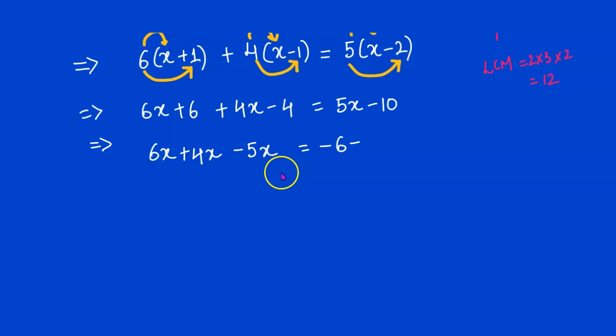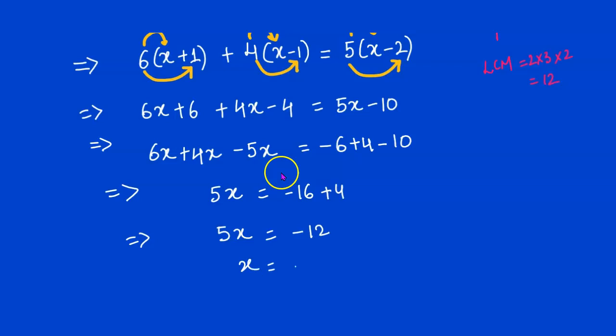Minus 4 will become plus 4 and minus 10. So we have 10 minus 5, 5x is equal to negative 10 plus 4, minus 10 plus 4. And we have 5x is equal to minus 6. So x will be equal to minus 6 by 5.